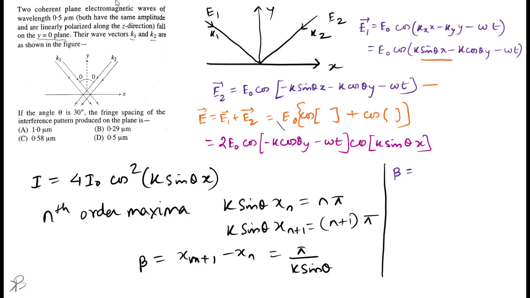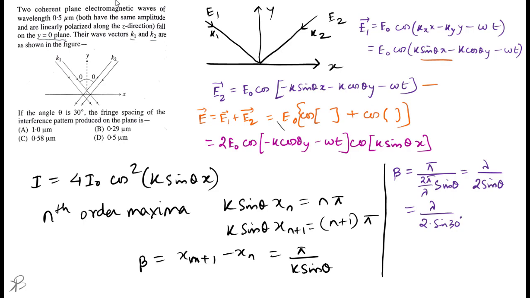Then we can write beta as pi by (2 pi by lambda) sine theta, because we know k is 2 pi by lambda. So if we plug in the values, it will be lambda by 2 sine theta, because pi will cancel, and it is lambda by 2 sine of 30 degrees.